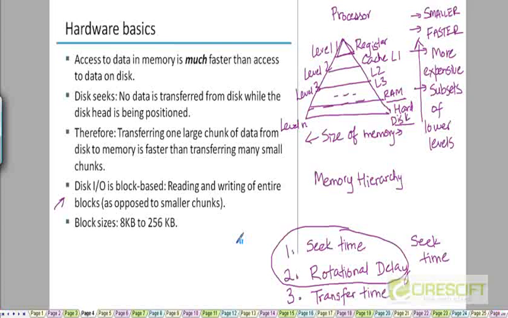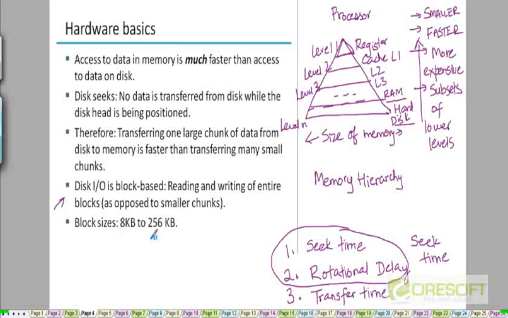So if you're accessing a particular byte at a particular location on the disk, it's very likely that you'll be interested in the bytes that immediately come after this on the same track. So it makes sense to just fetch an entire block from disk into main memory, under the assumption that you'll be requiring the other bytes in that block as well.